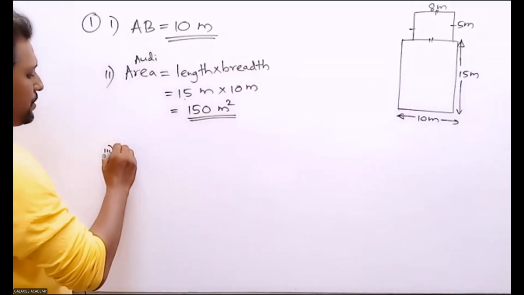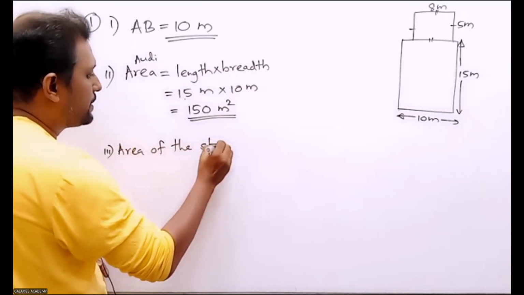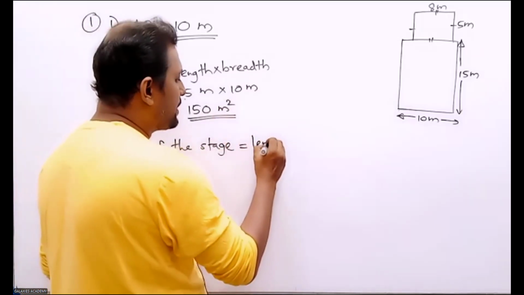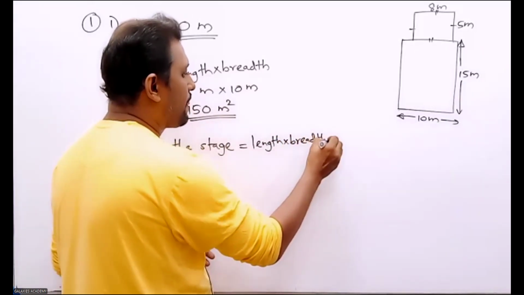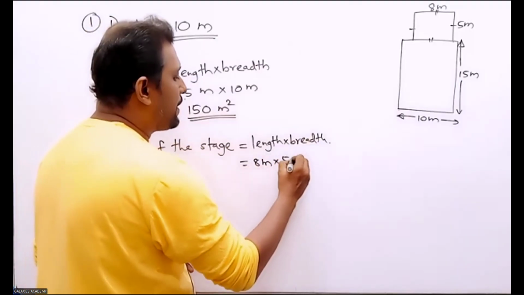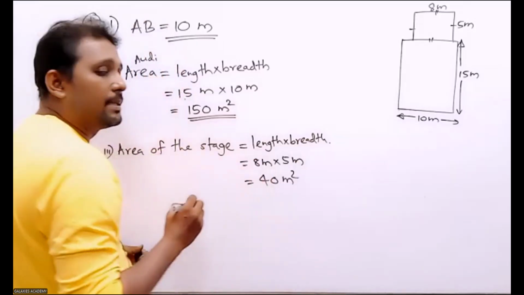Then we can find the area of the stage. The stage is also rectangular in shape, so you can find the area, length into breadth. Length is 8 meters, breadth is 5 meters, so the area is 40 square meters.